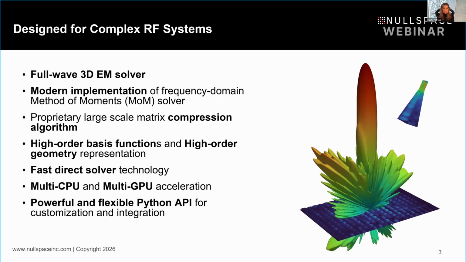We feature a proprietary large-scale matrix compression algorithm in our solver, which compresses the matrix on the fly and makes the simulations, again, faster without losing any accuracy. We also have features like high-order basis functions and high-order geometry representation in our solver, which makes our results very accurate. Again, fast direct solver technology. We also have multi-CPU and multi-GPU acceleration.